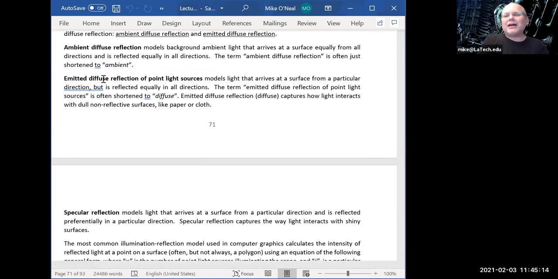And that's going to mean that what you see doesn't depend on the angle between the viewer and the surface, because it doesn't matter where the viewer is, the light gets reflected equally in all directions. So with any kind of diffuse reflection, you don't have to model where the viewer is, because light is reflected equally in all directions, so it doesn't matter where the viewer is.